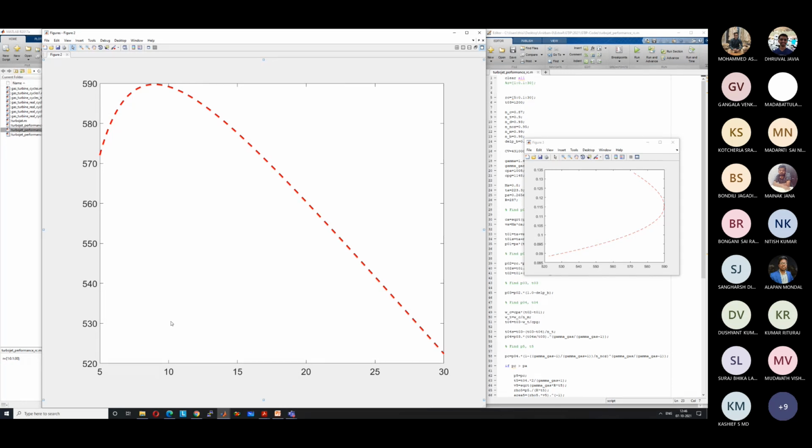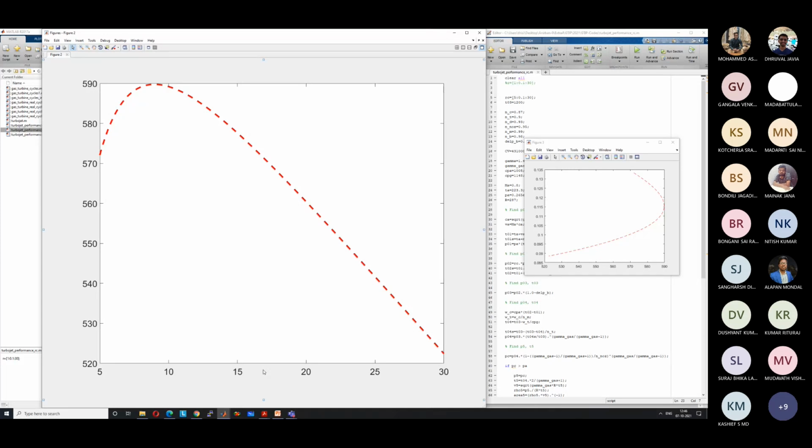Initially it increases a bit. So specific thrust depends on what? What is specific thrust? Per unit mass flow rate of air, what is the thrust generated? With higher compressor pressure ratio, you will need a large amount of turbine work input, so the thrust that can be generated by the nozzle is reduced.